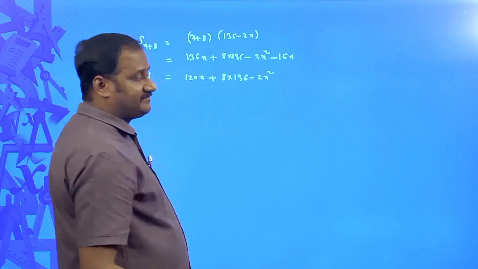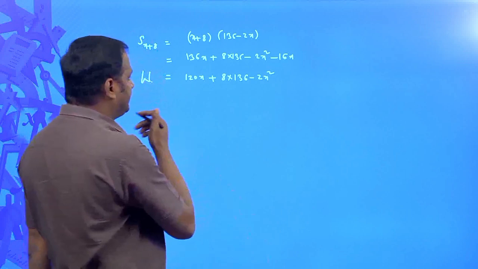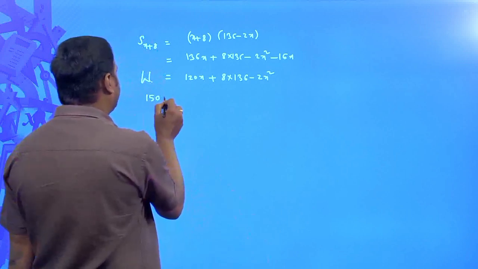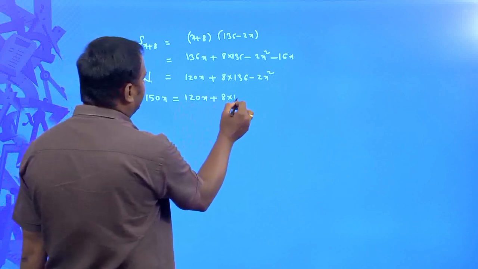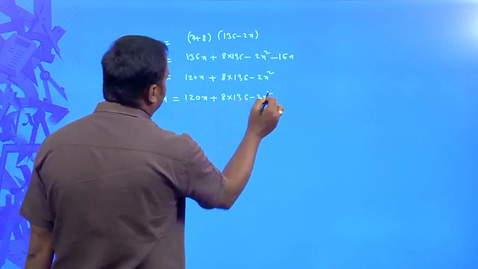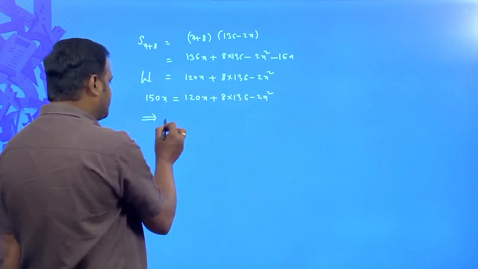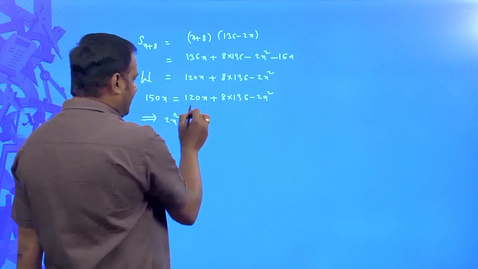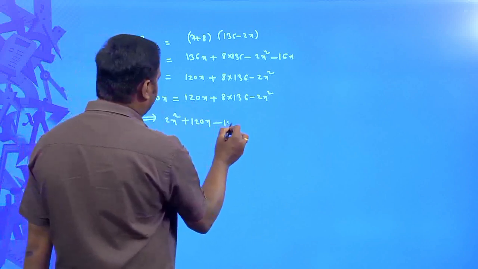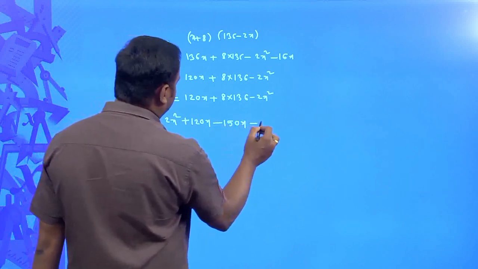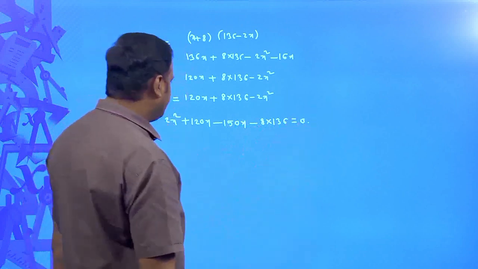But the total work done by 150 members in x days is going to be 150x. So, can we equate this with 150x? So, 150x = 120x + 8(136) − 2x². When you transpose everything towards the left-hand side, −2x² would be +2x², plus 120x minus 150x, and then minus 8 into 136 is equal to 0, correct.